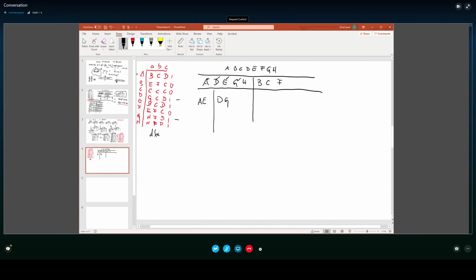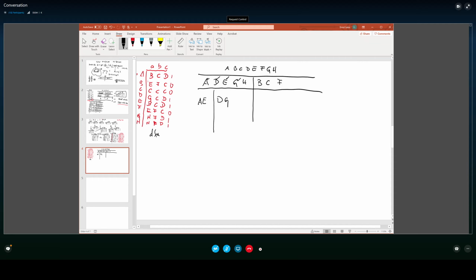Just because this happens to be a different equivalence class from the one under A doesn't make any difference. They are together. That's the main thing. And then, of course, under C, D and G are both D, so there is nothing interesting.